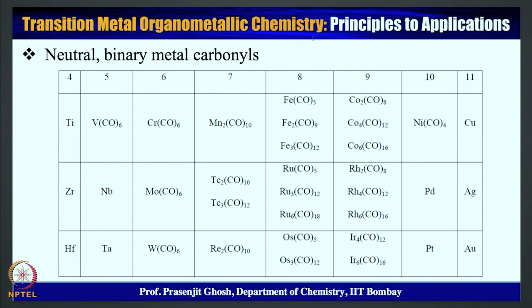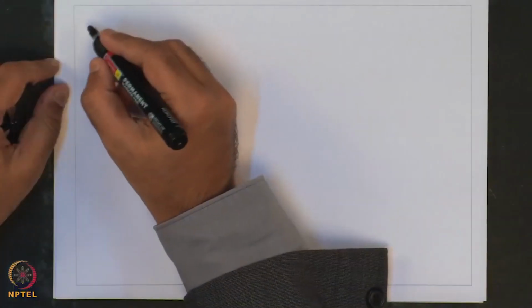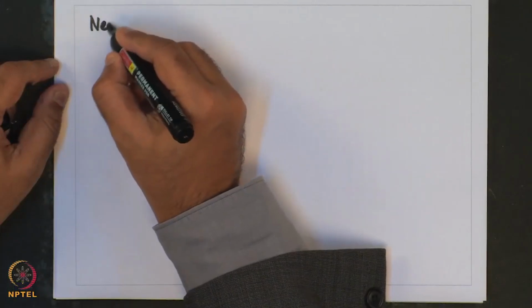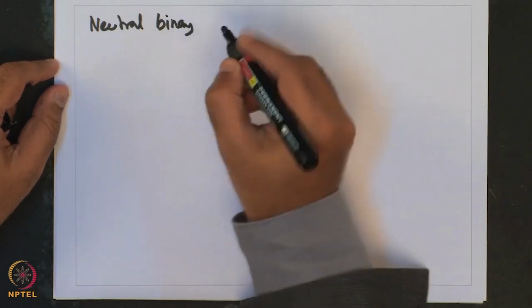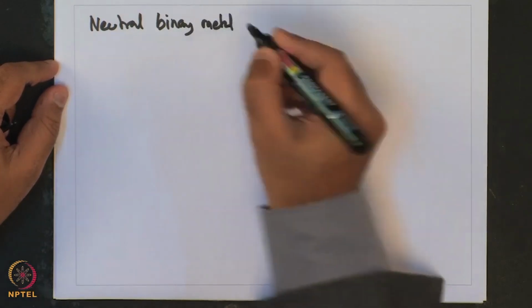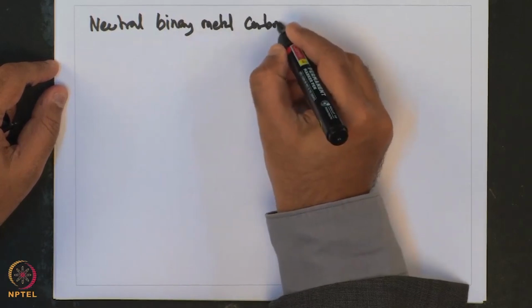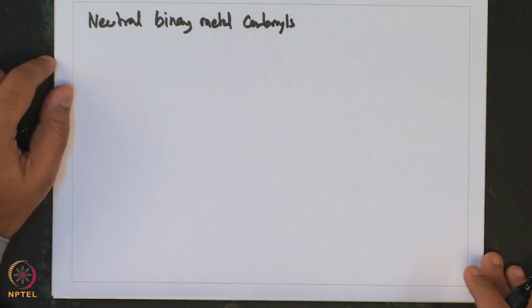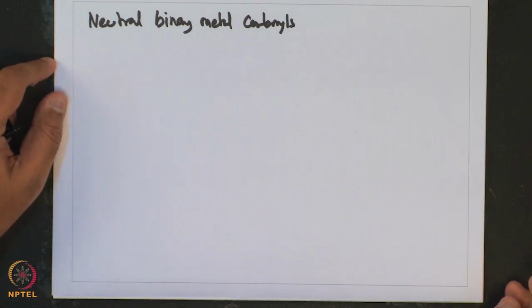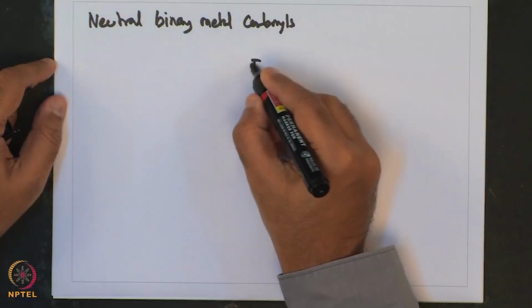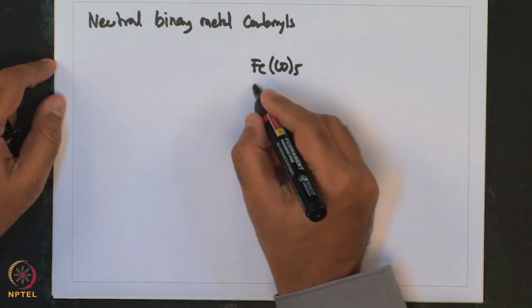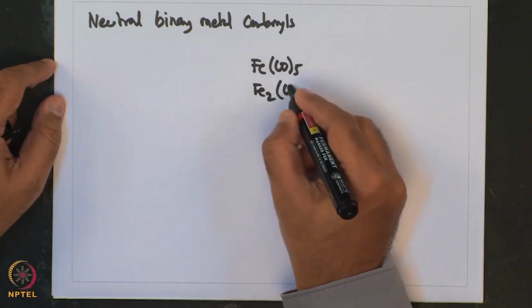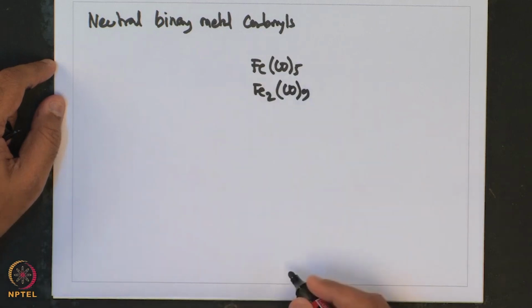Among some of the examples of these neutral compounds are iron pentacarbonyl or diiron nonacarbonyl. Okay.